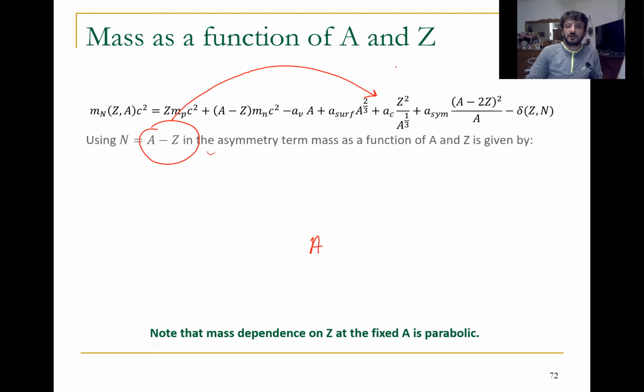Here, before that, let me simplify the relation.